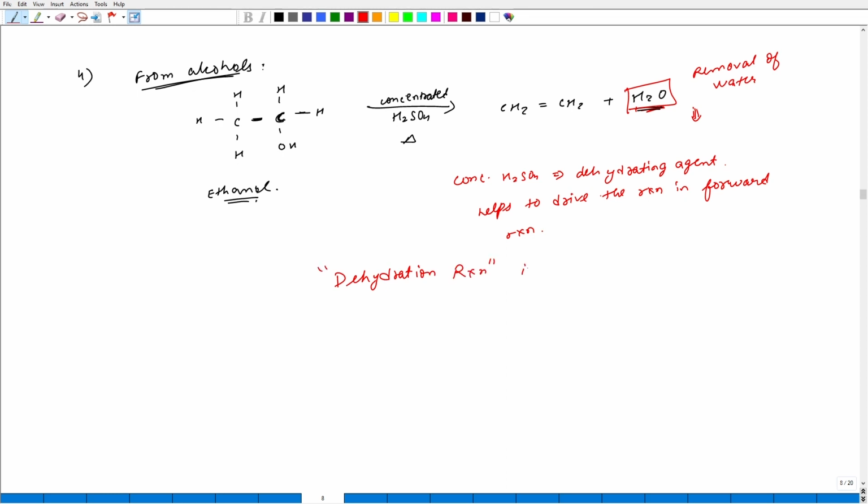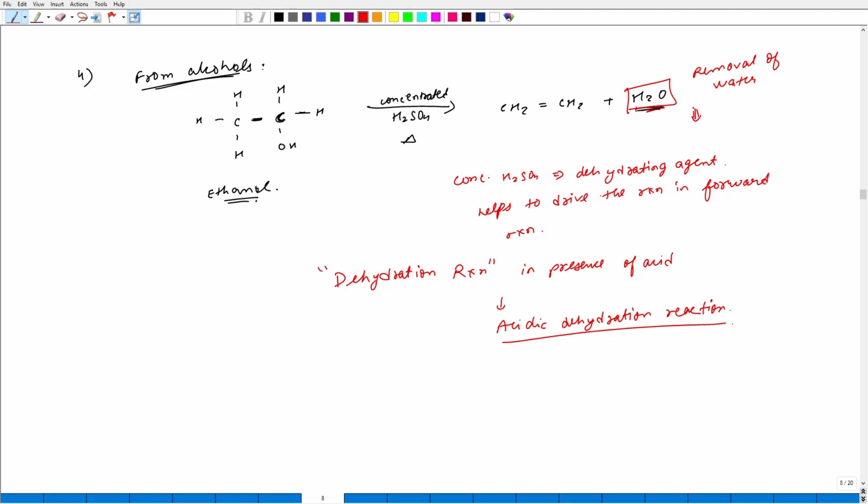And a dehydration reaction in the presence of acid can also be termed as an acidic dehydration reaction. Why acidic dehydration reaction?